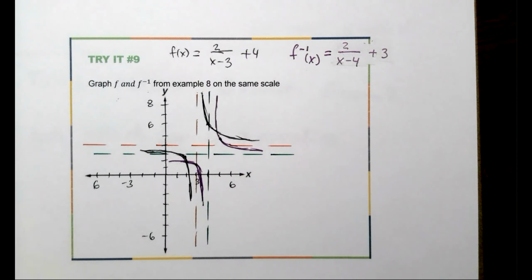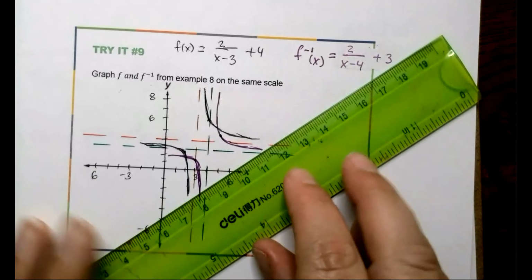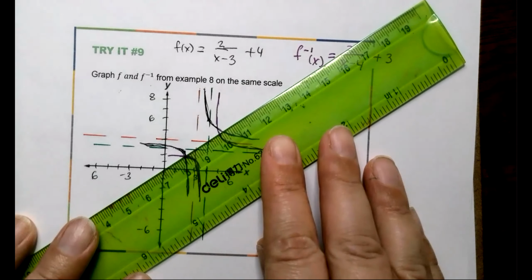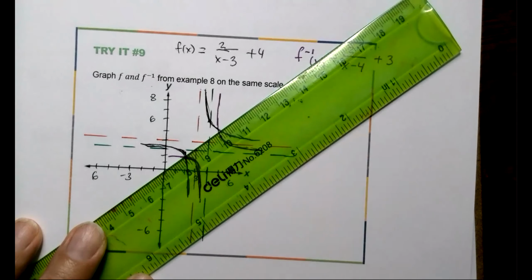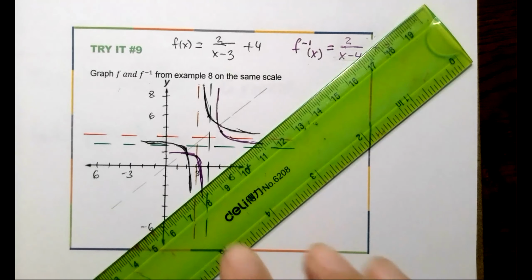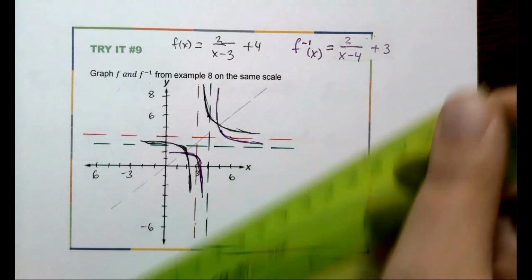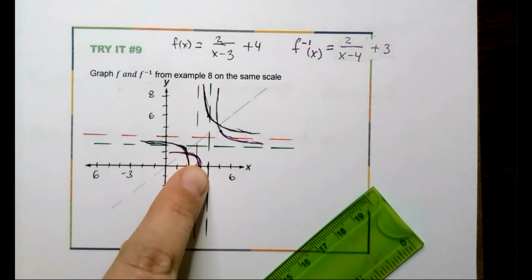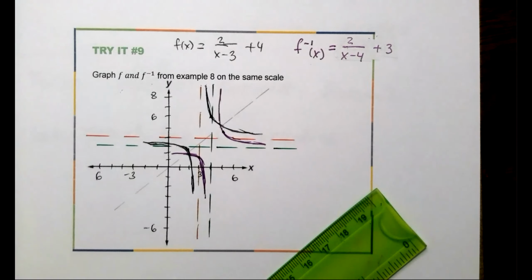And I hope that you can see how they are symmetric about this diagonal line. So here's the line. Do you see how these graphs are mirror images of each other across that line?